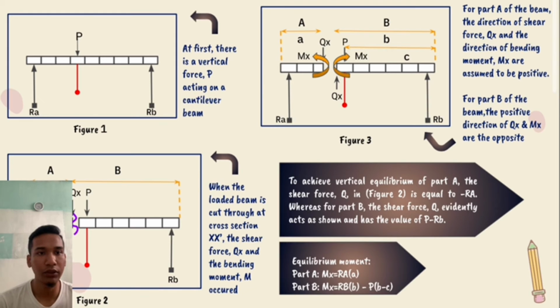When the loaded beam is cut through the cross section x prime, the shear force Qx and the bending moment occur. To achieve vertical equilibrium of part A, the shear force Q in figure 2 is equal to negative RA, whereas for part B, the shear force Q acts as shown and has the value of P minus RB.